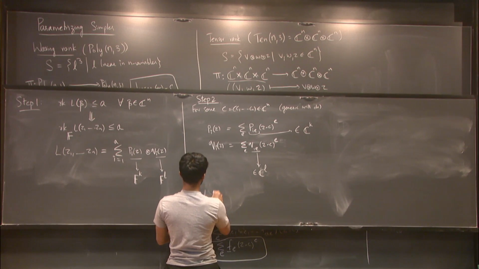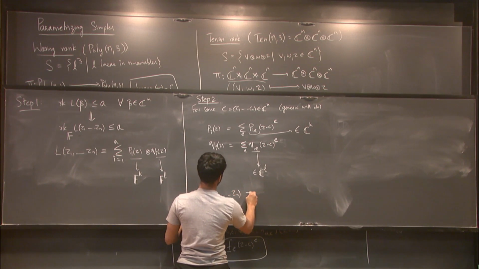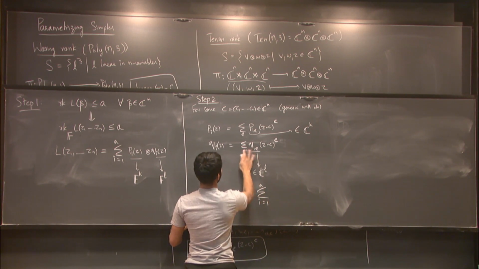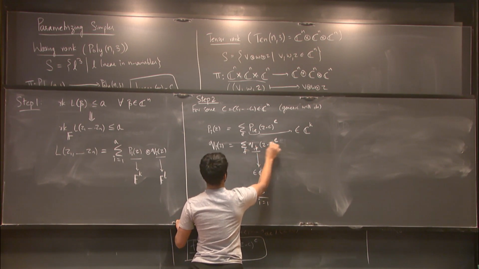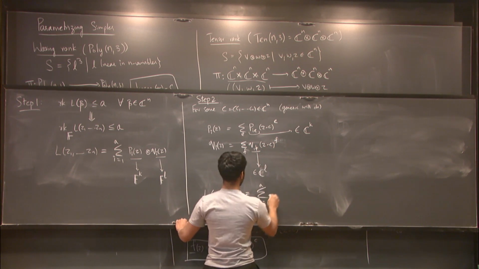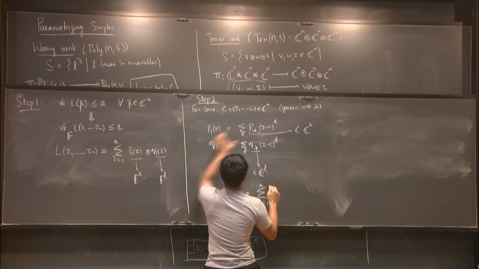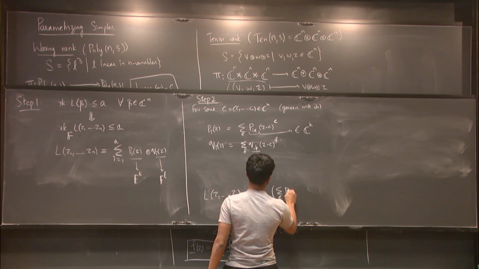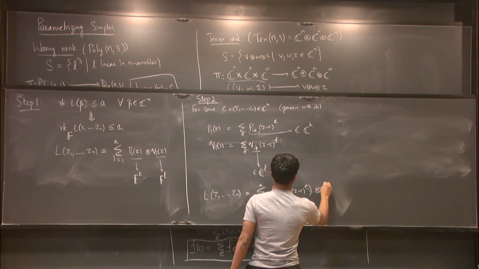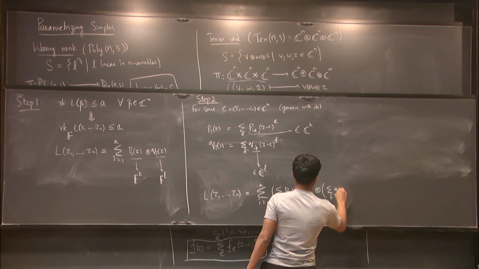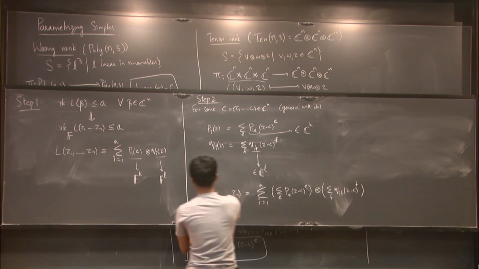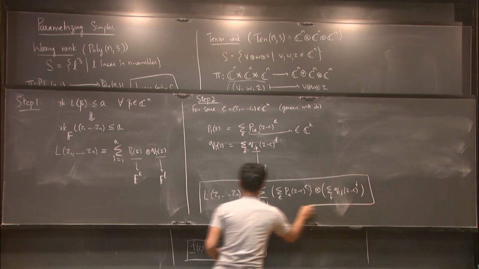L of Z1 to Zm is equal to the sum from i equal to 1 to a. Maybe I put f here just to distinguish the e's and the f's. I want to replace this guy with this power series: the sum over e of P_i,e (z minus c) to the e, tensored with the sum over f of Q_i,f (z minus c) to the f. Okay, so this concludes power series.